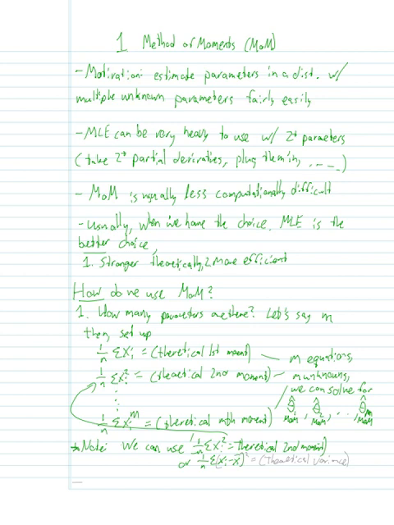Or 1 over n sum of xi minus x bar squared, which would be the theoretical variance. Again, just use whichever one is easier, whichever one we happen to know more about.